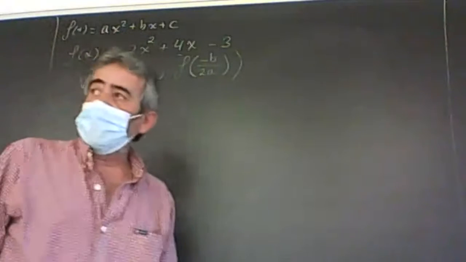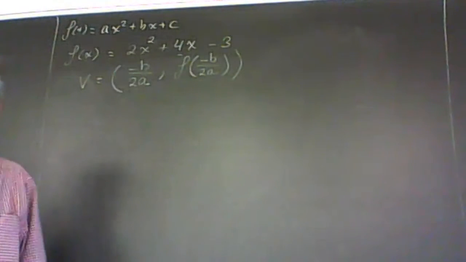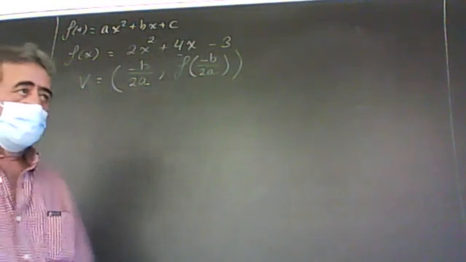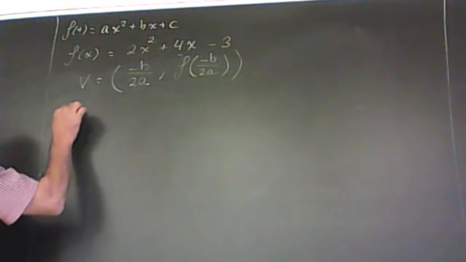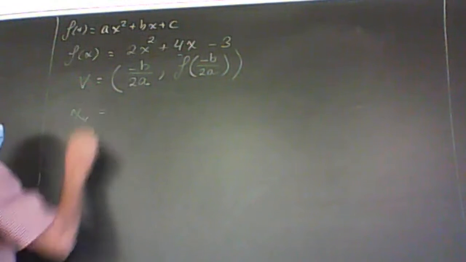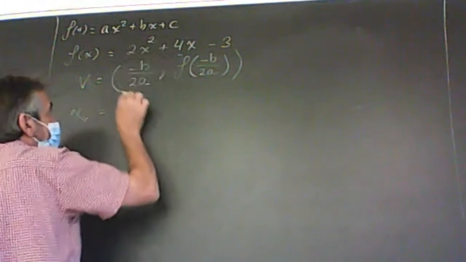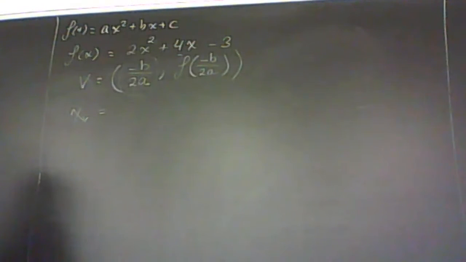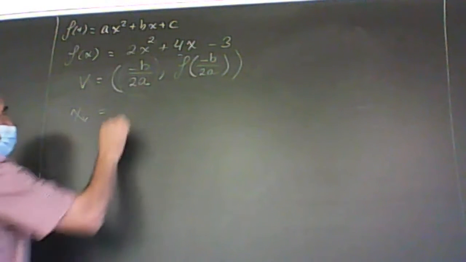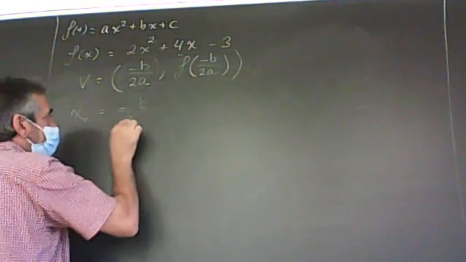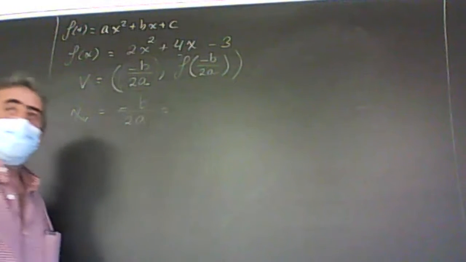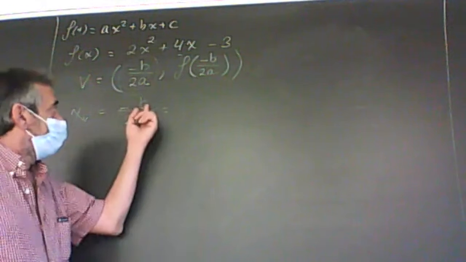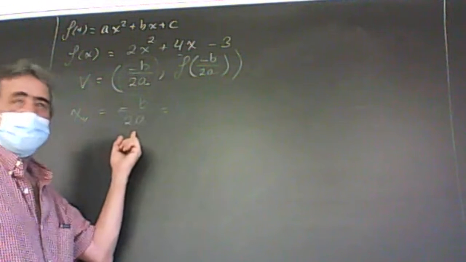Okay. So let's go ahead and find that vertex for this parabola. So the x value of the vertex is minus b over 2a. So all we need to do now is identify what B is, what A is.